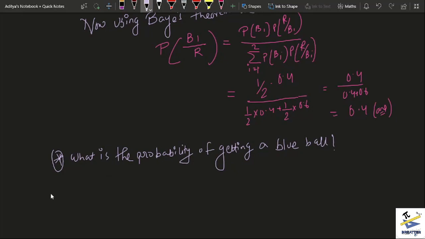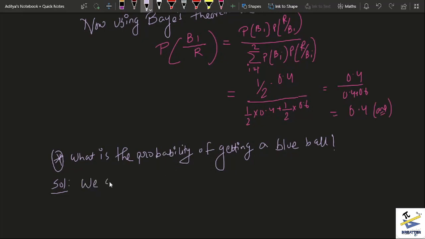I'm trying to mix the concepts here so that you can distinguish between them and apply them accordingly, because when you are studying the chapter of Bayes theorem it is not necessary that you only solve problems of Bayes theorem. So right here is not the probability which we find using Bayes theorem, but it's basically the law of total probability.